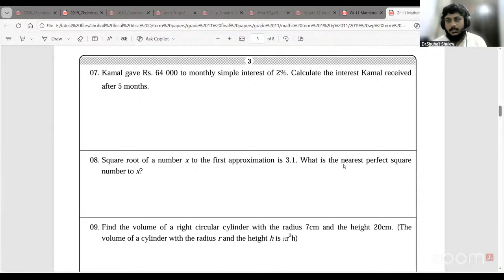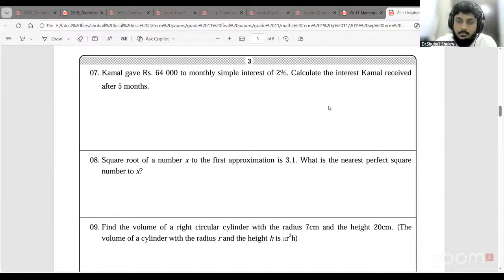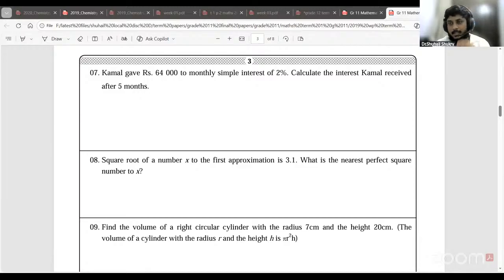Now start doing 7, 8, 9. Wait for everyone to finish, and after that we will discuss.